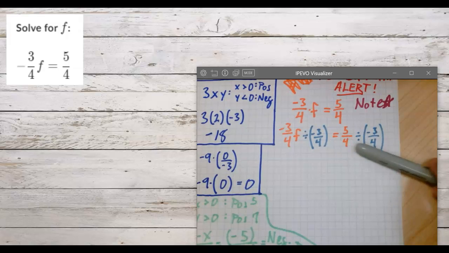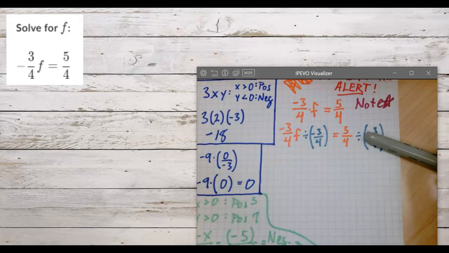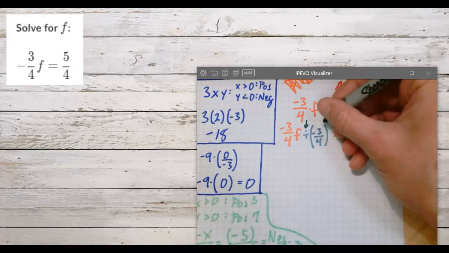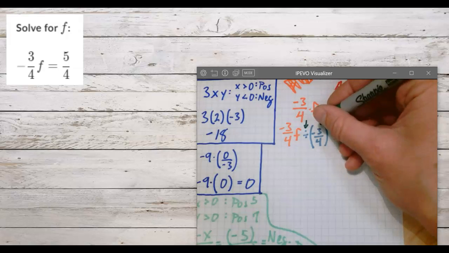And especially, what in the world am I supposed to do over here? I have 5/4 of something that I'm going to split up into pieces that are 3/4. It's really complicated. So instead, what we do is change the operation and flip the fraction.